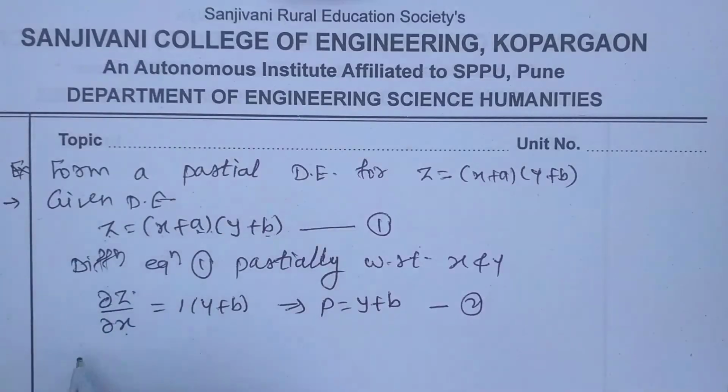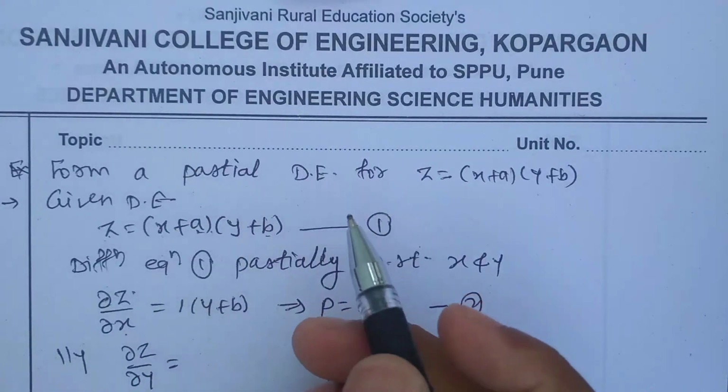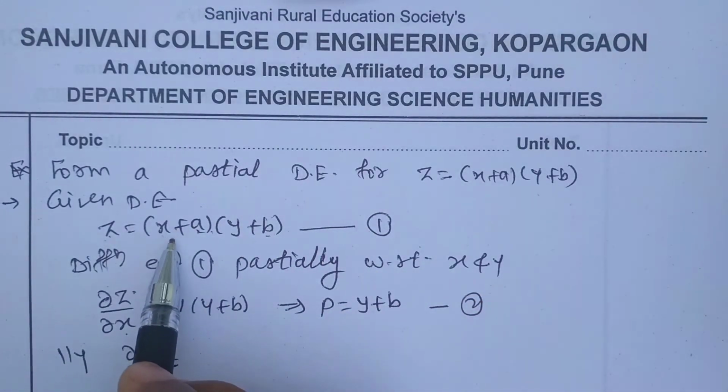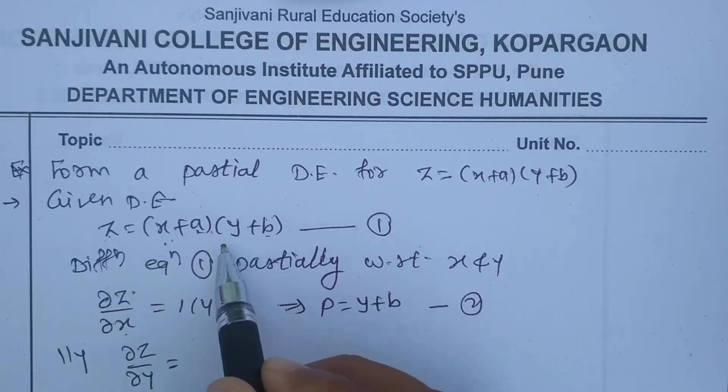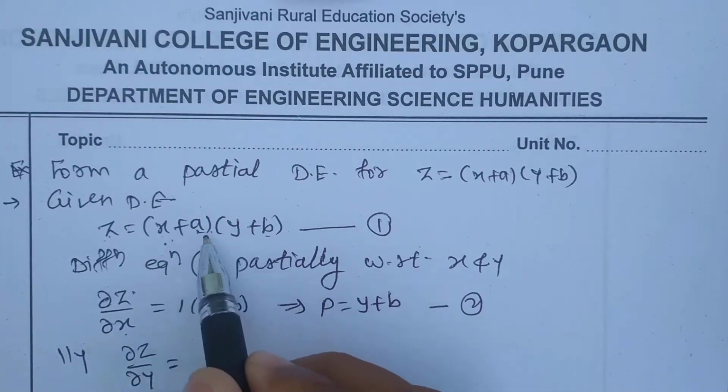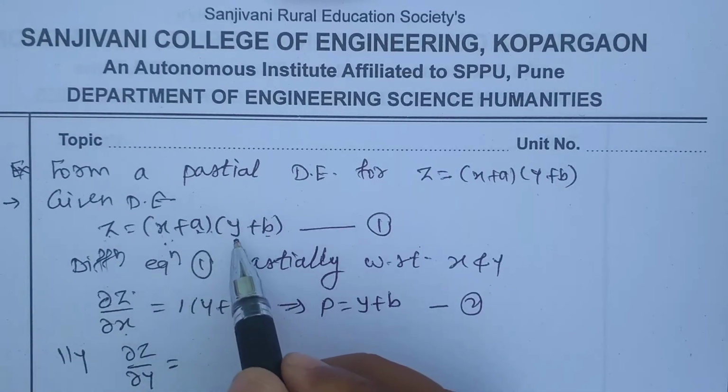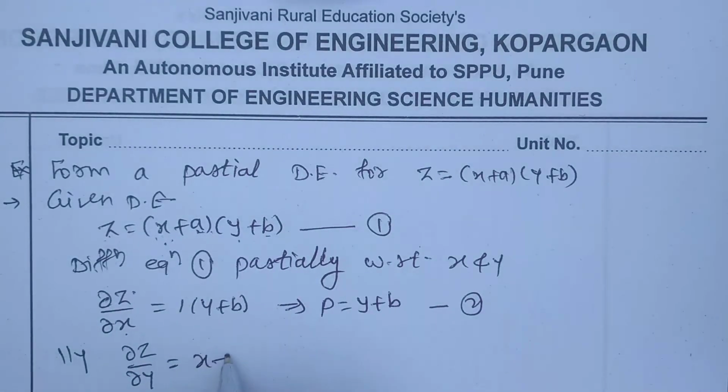And similarly, differentiate 1 with respect to y. So ∂z/∂y is equal to, first of all, the derivative of the first term, which is 0 with respect to y. So the first term gets cancelled, and by using the u into v rule, the first term stays as it is and the derivative of the second term is 1 with respect to y, so you will get x plus a.